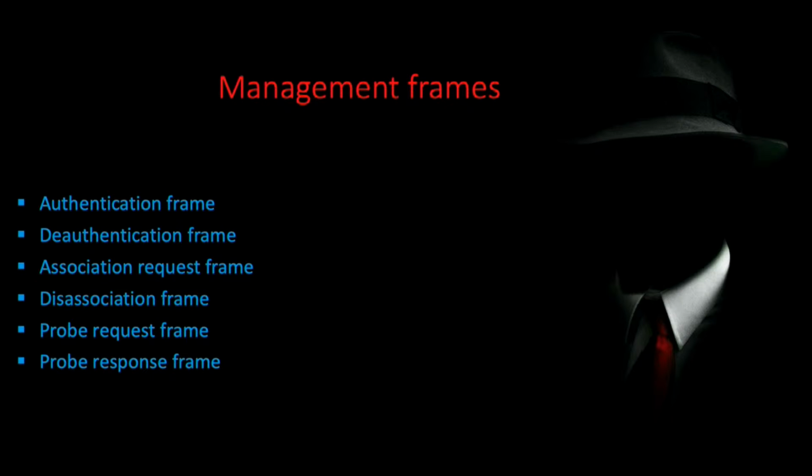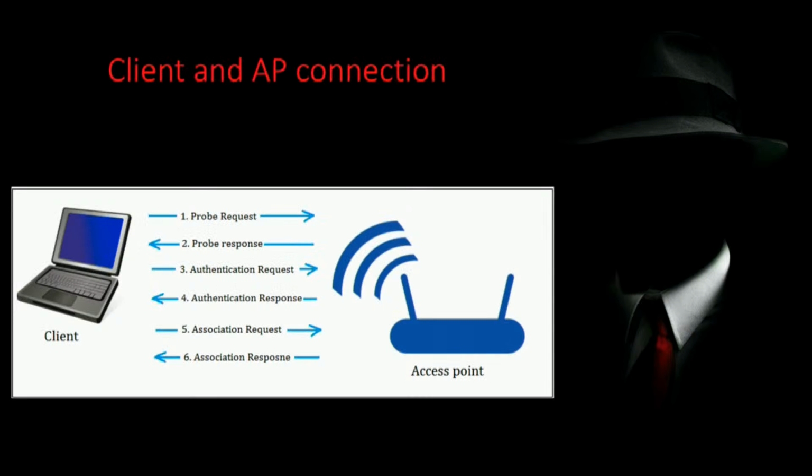The management frames, we have many types, like authentication frame, deauthentication, association request, disassociation, probe request, probe response. This picture here shows the steps of your phone connecting to an access point. First, it sends a probe request. If it's already saved on your phone, like if you were connected to this access point before, then your phone will try to find this access point in range.